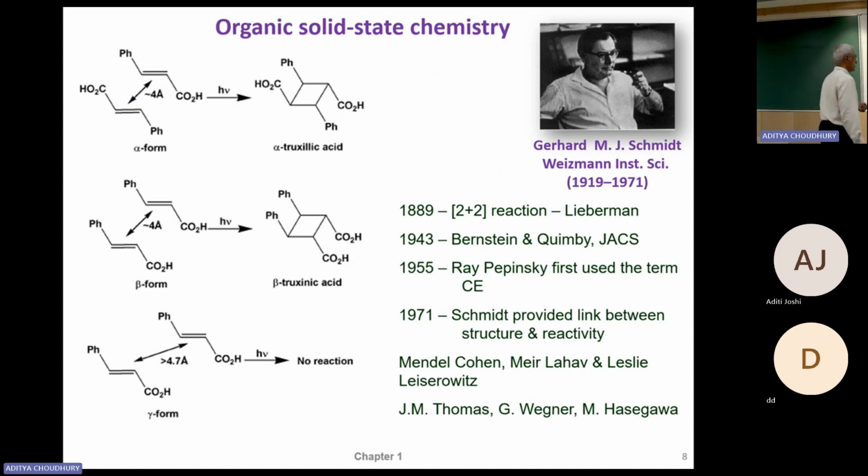This 2+2 cycloaddition reaction was known for centuries. Liebermann was the one who did this. But later, in 1943, Bernstein and Quimby wrote the first paper about the 2+2 cycloaddition reaction in the solid state.